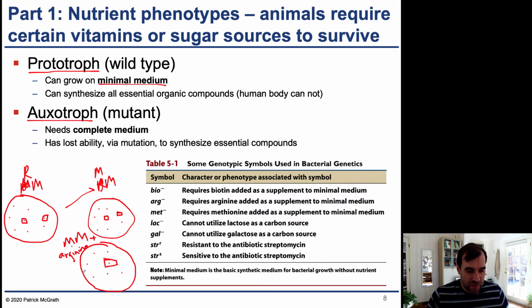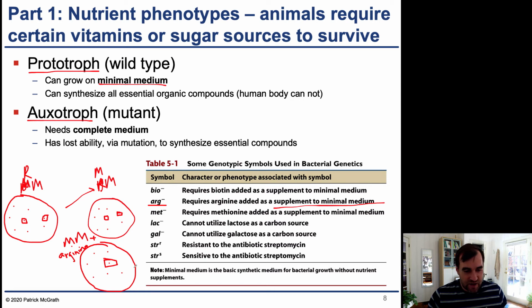Because that bacteria is able to live, we've identified its phenotype. So we call this phenotype Arg-. The genotype of this individual is Arg-, and the phenotype associated with it is that it's unable to synthesize arginine. It lacks some sort of enzyme that's necessary for creating arginine. If we supplement it in the minimal media, we're able to rescue the growth. This thing is normally unable to live, but if we give it arginine, it's now able to live.